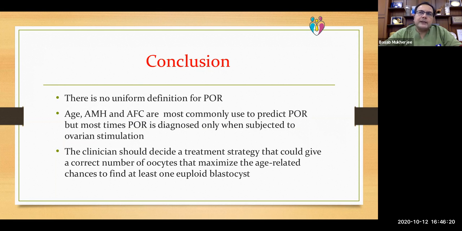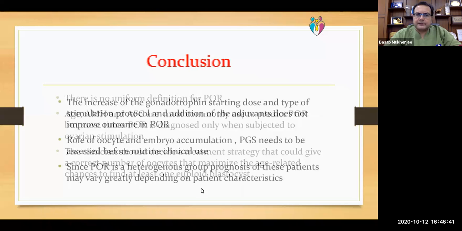Only when you do that, you see that they're not responding, and then you can diagnose poor ovarian reserve. These are just indicators, age, AMH, and AFC, about how to go by. The clinician should decide a treatment strategy that could give a correct number of oocytes that maximize the age-related chances to find at least one euploid blastocyst.